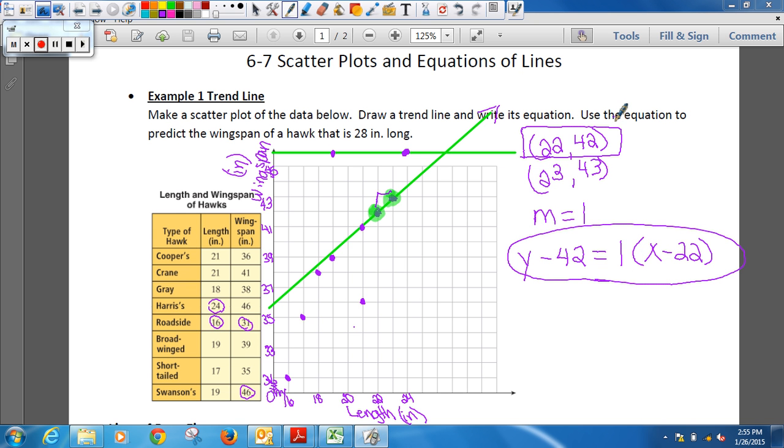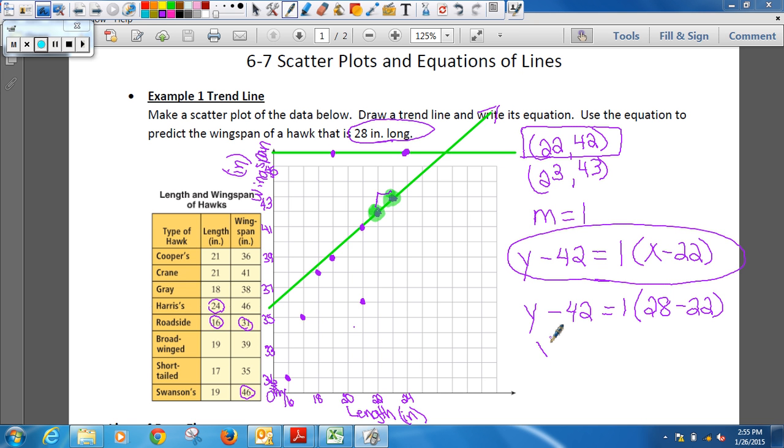And the next thing it said to do was use the equation to predict the wingspan of a hawk that is 28 inches long. Well, my length was in my x, so I'm going to substitute 28 inches for my x. So I have y minus 42 equals 1 times 28 minus 22.